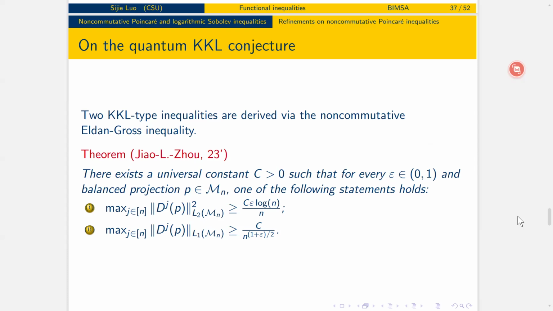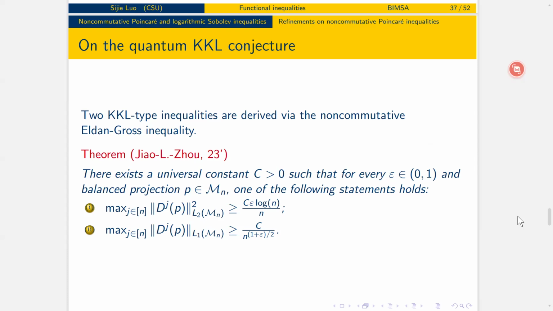The first one is the KKL inequality, or the geometric influence is much stronger than n log n over n, because this one is quite close to the square root of n. Okay, that means that in one case the KKL conjecture holds in the CAR algebra, and otherwise there is an improvement of the geometric influence here.